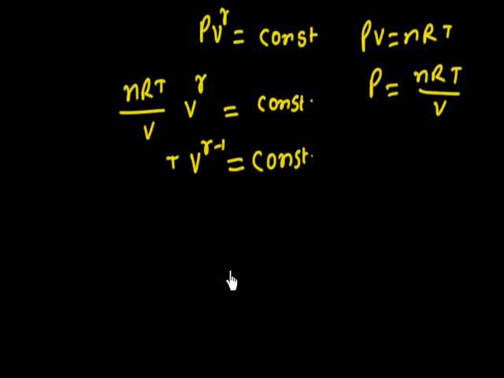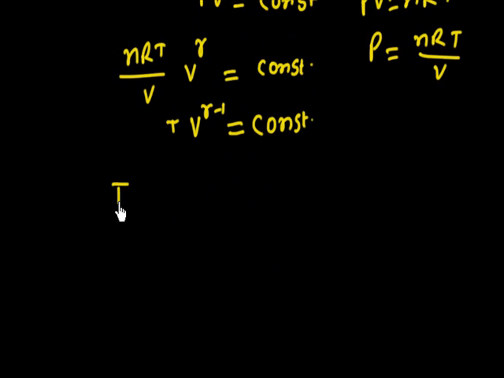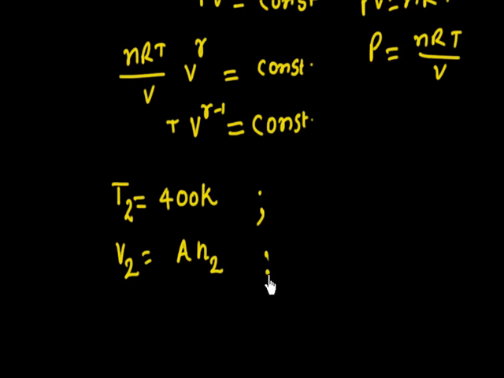So now I have to find temperature. So let us say right now we have a temperature. T is 400 Kelvin. Let us call this temperature T2. And what is the volume? So volume right now we have A into H2, and H2 is 4 by 3 times H1. I know the volume. And finally, what is the temperature we have to find out?